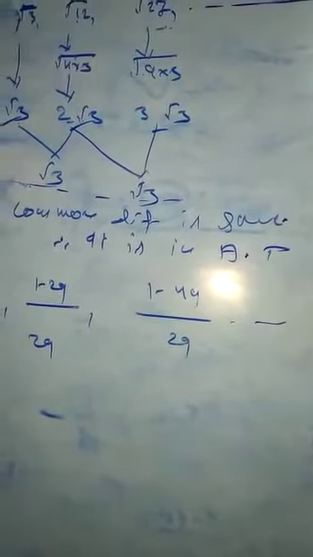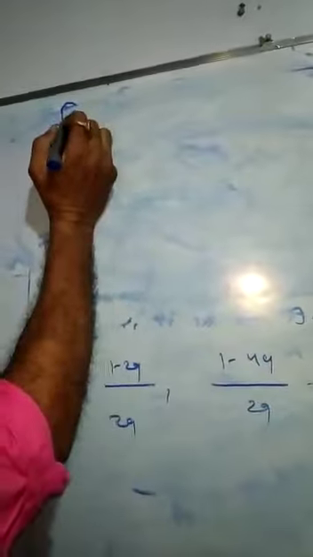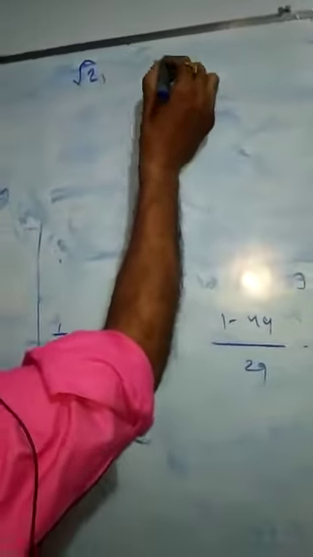For your clarification, I am writing another example that will help you to identify an arithmetic progression. Suppose we are given root 2, root 8, root 18, root 32.